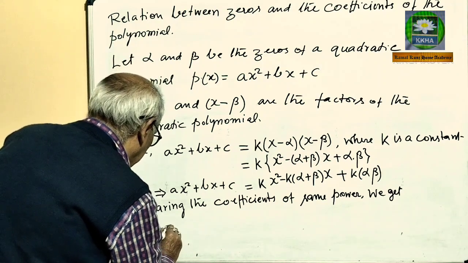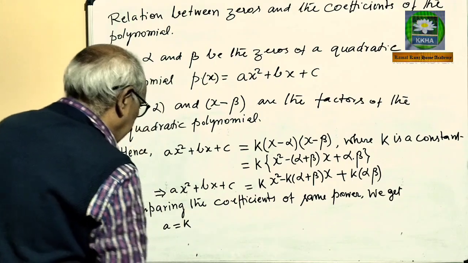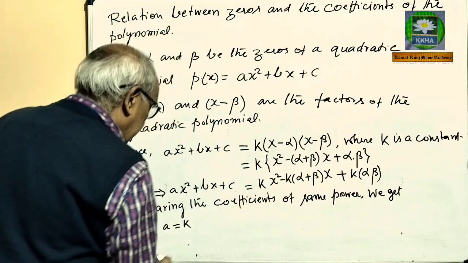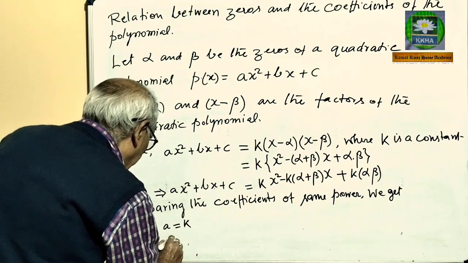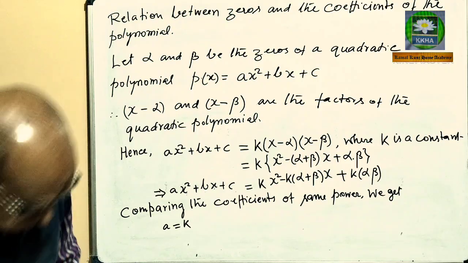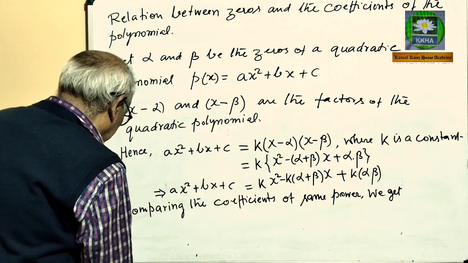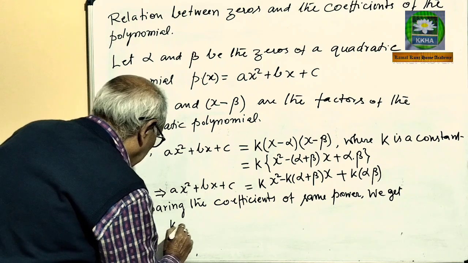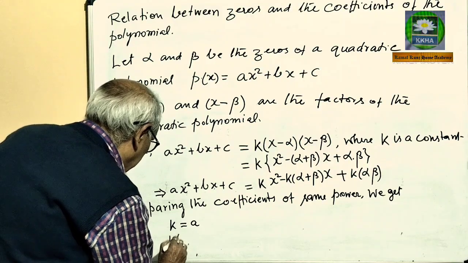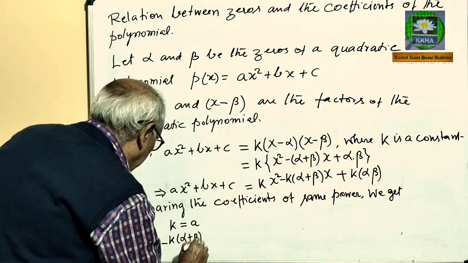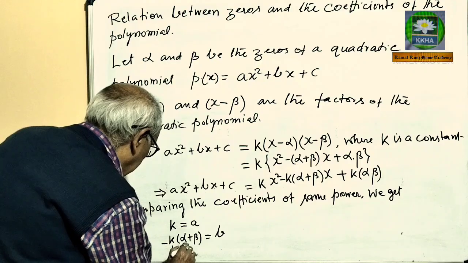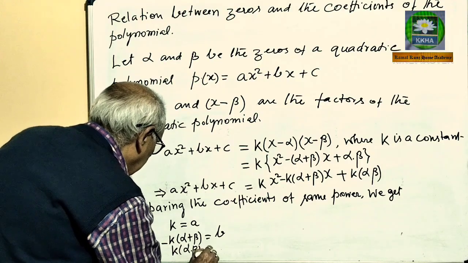We get a equal to k, and the coefficient of x is b here, so minus k into (alpha plus beta) equal to b, and k alpha beta is equal to c.